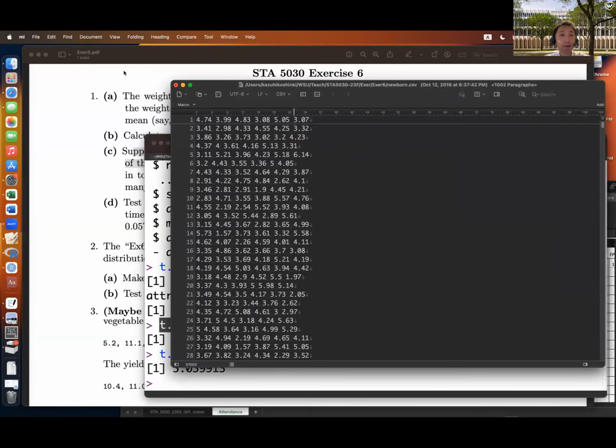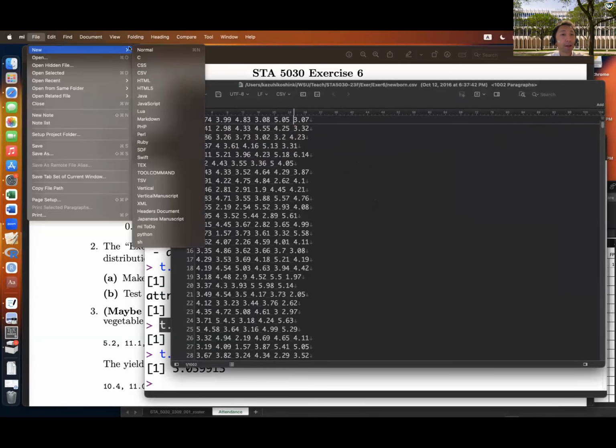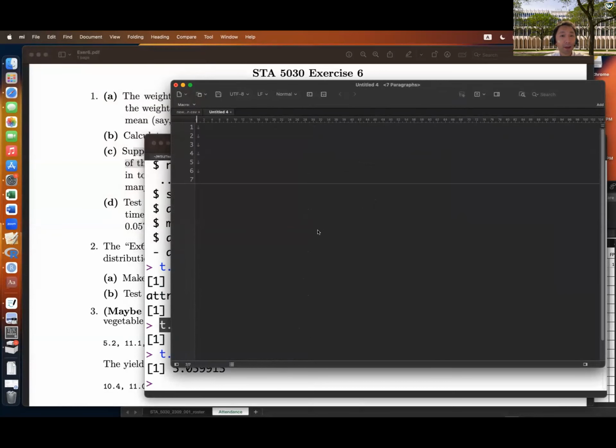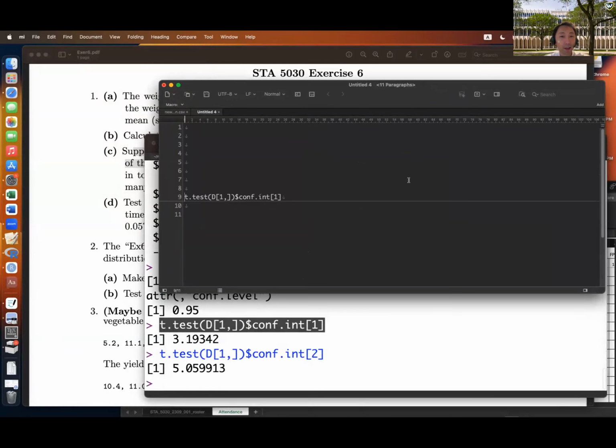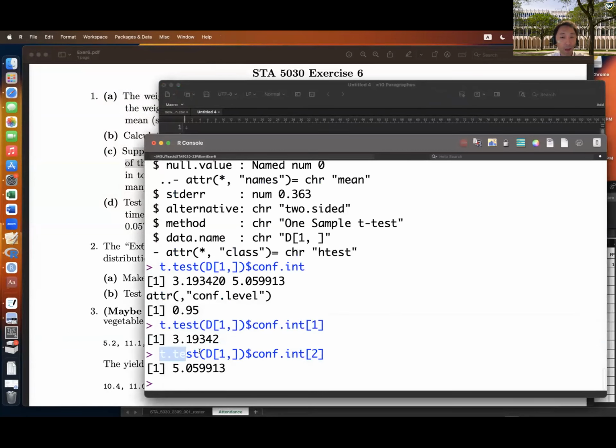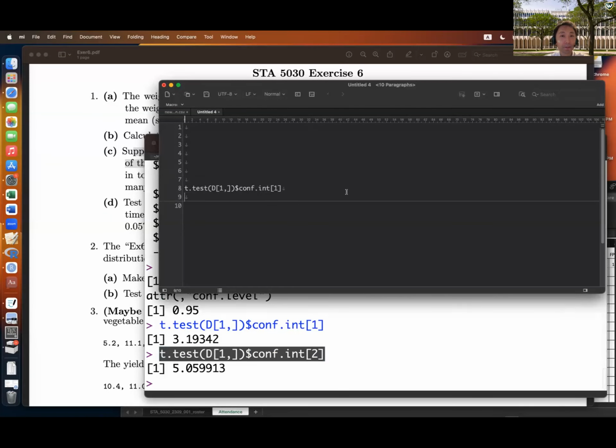Yeah, you can do it in one line, but maybe it's easier to write the code in another text editor. So we have the lower bound and the upper bound, and we want to see if the 4 is included in this.